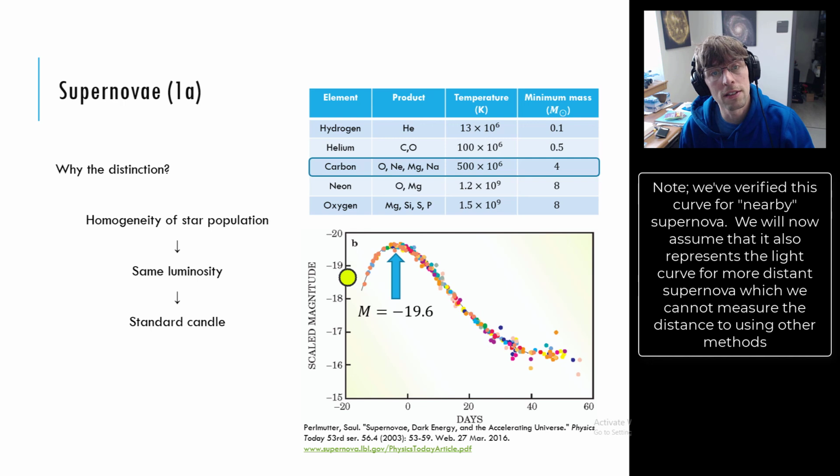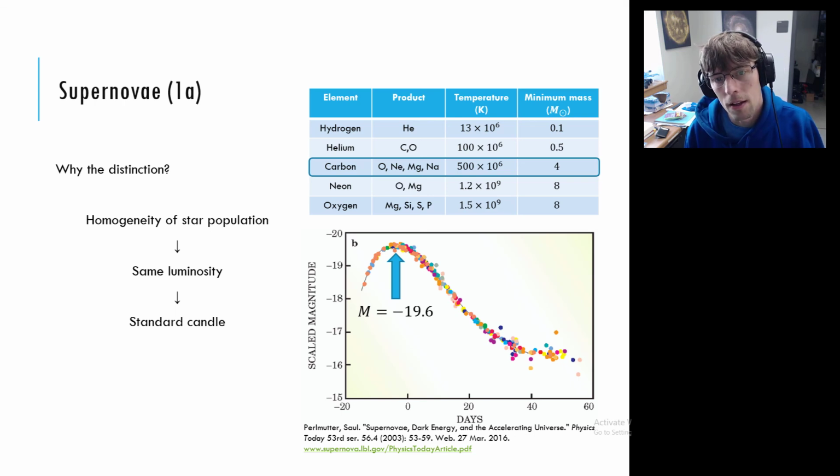And because it has this nice shape, we can estimate how bright it should be. Or I shouldn't say estimate, we know how bright it should be. And once we have the absolute magnitude, once we know how bright it should be, and we have the apparent magnitude, how bright it appears from Earth, we can now find the distance again. That you will do in lab with that explorer that I showed you.